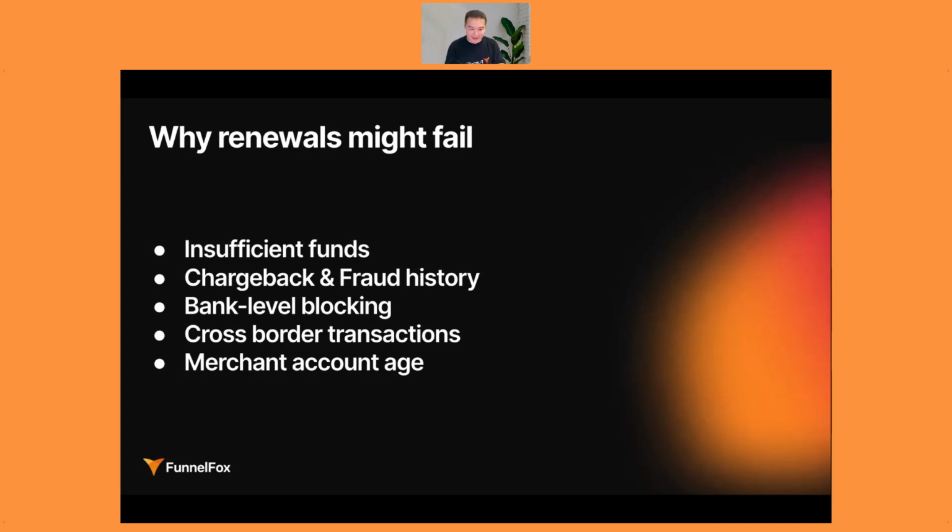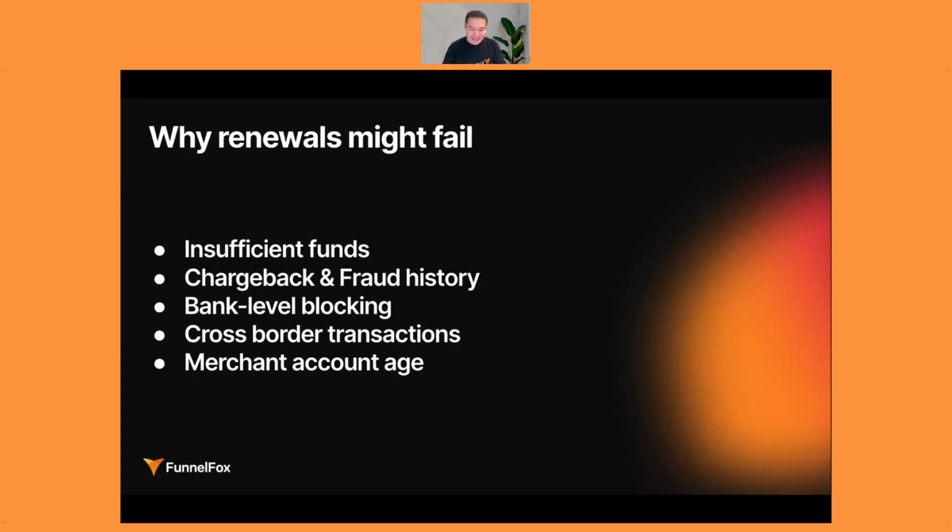Which is again about merchant account age. We do see cases where, let's say, a Spanish Stripe account has been charging US customers for a couple of years already. They have a pretty good chargeback and fraud history. They're not doing some kind of weird business, some kind of gray area, let's say.